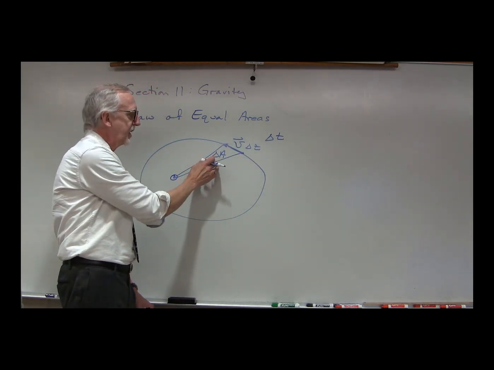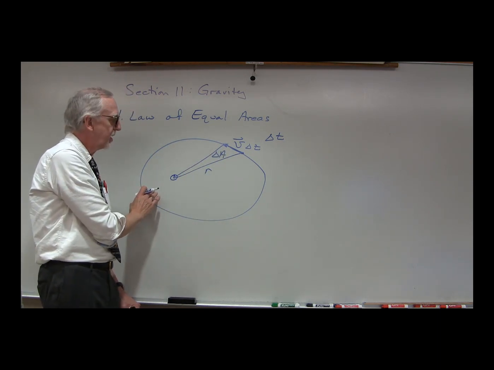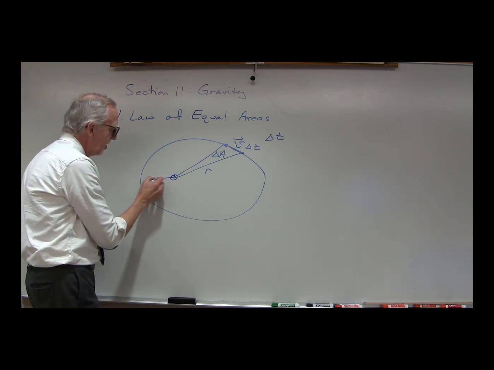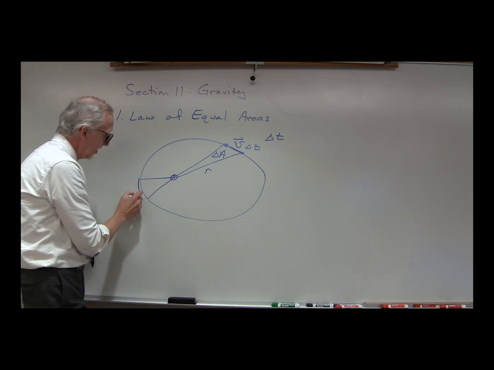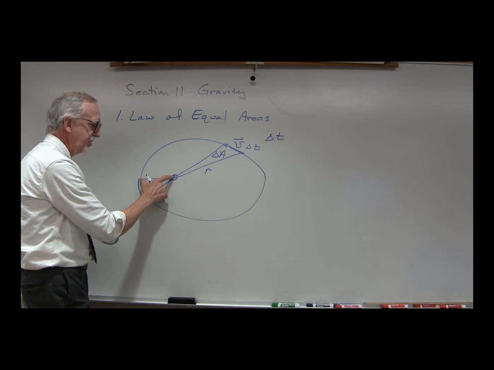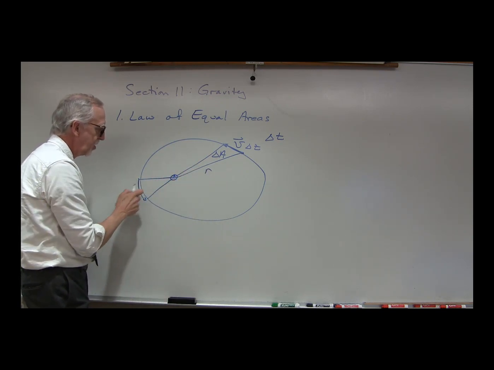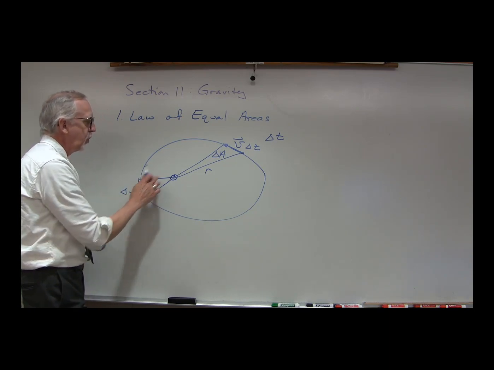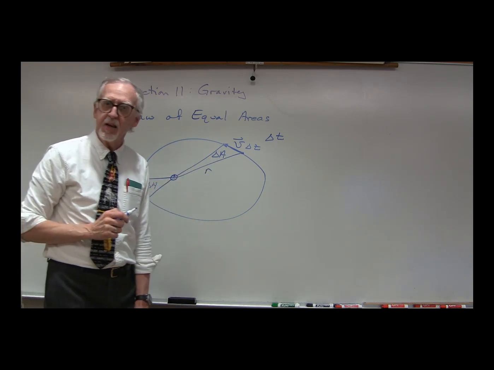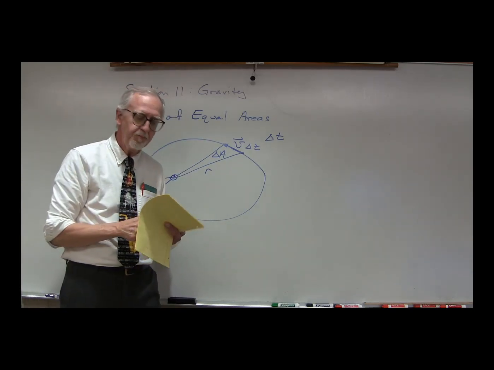So we look at an amount delta t over here, we get some area. We look at the same delta t over here. When the planet is closer, it would have to sweep out a longer distance, because this is shorter than that, and so in order for the area to be the same, this would have to be longer. So if we wait a time delta t over here, we are supposed to get the same area, same delta A for the same delta t. Equal areas in equal times.